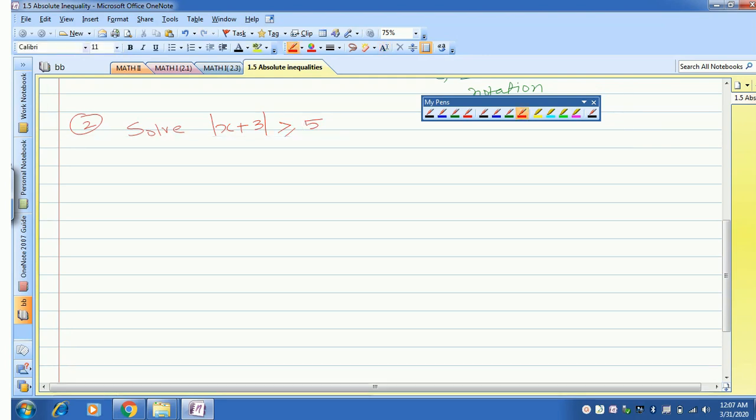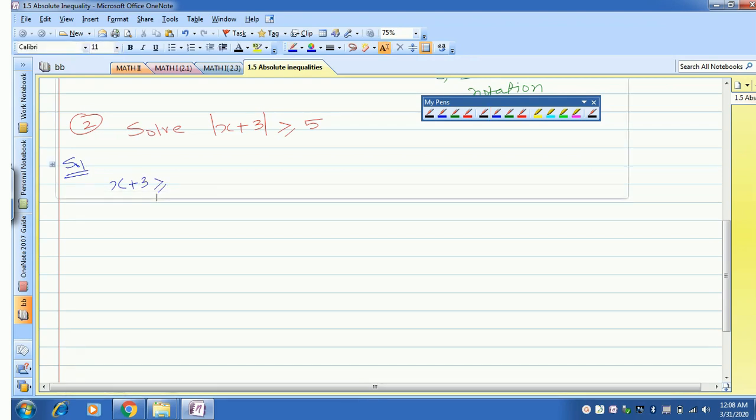Now let us go with this. So what is the formula here? Since it is greater than, I have to write 3x greater than or equal.